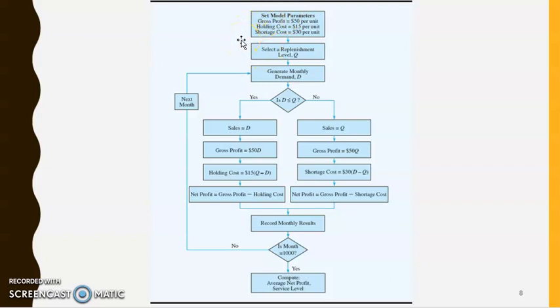Another point is to select a replenishment level Q. That's correct, because in your simulation, you are going to try different levels of inventory. For example, you start with 50 and see what the average net profit would be. After that, you go for 100 and see the results, then 150, 120, 80, and finally we are going to check it together. You will understand how to do it. When you put 80, you get a number.